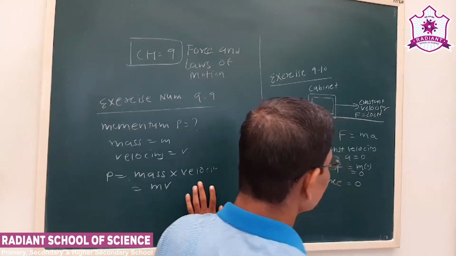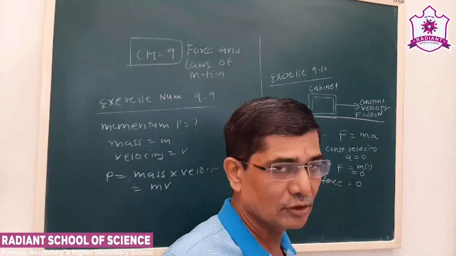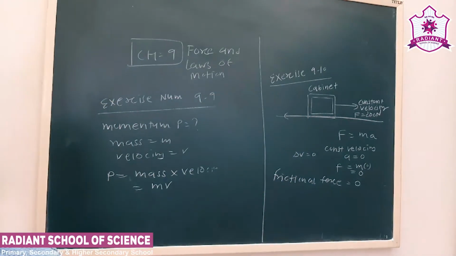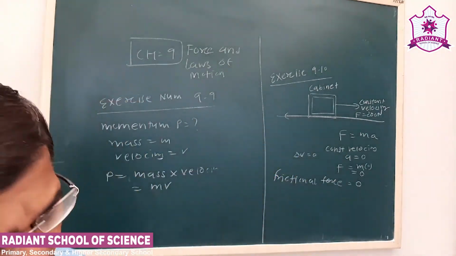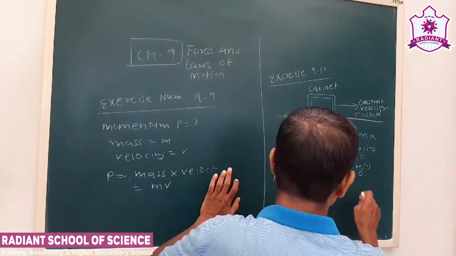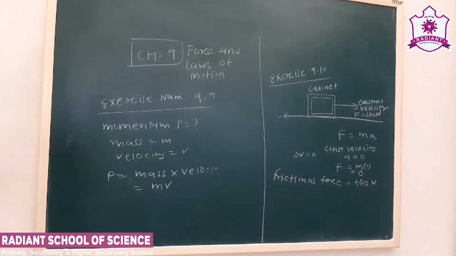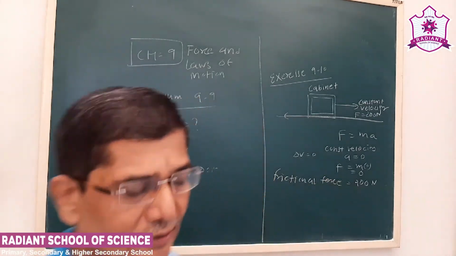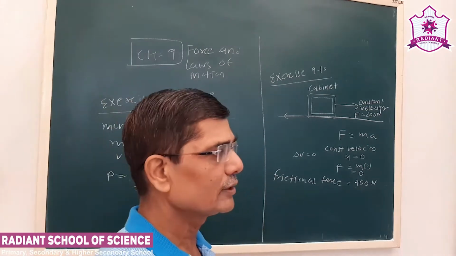F is equal to ma, and a is delta V by delta t, so a is 0 and the net force is 0. So our frictional force will be just balancing the horizontal force, that is 200 Newton. By mistake I wrote this, but actually the frictional force should be balancing this. That should be 200 Newton.